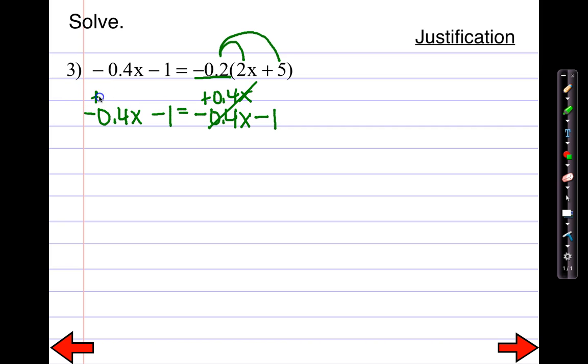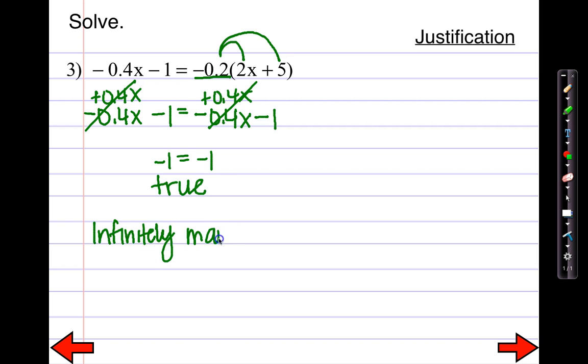That's going to go away. Oh, but wait, this also is going to cancel out, leaving me with just -1 equals -1. Well, this here is a true statement. And we notice if we have a true statement, that means any value we plug in for x is going to work. So this answer is actually infinitely many solutions.